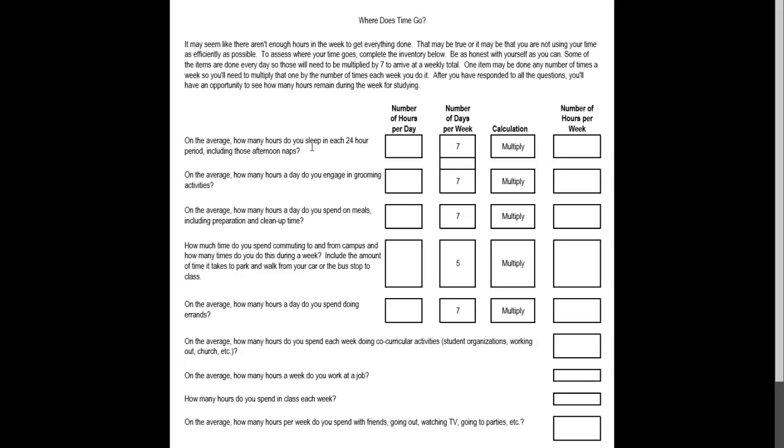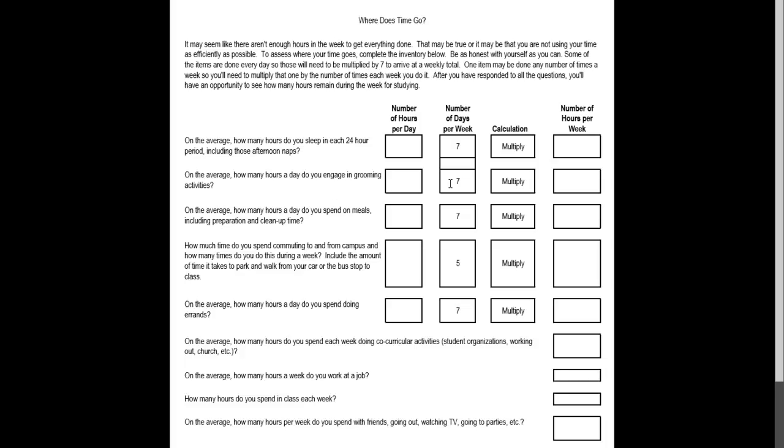On the average, how many hours of sleep do you get in each 24-hour period, including the afternoon naps? So print this out and then write down the number of hours that you sleep. Then multiply that by 7, and that'll give you a number of hours per week. Then how many hours a day do you spend grooming and getting yourself ready for school?